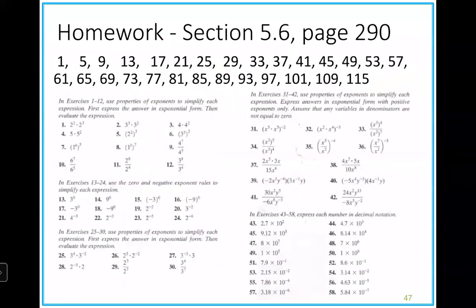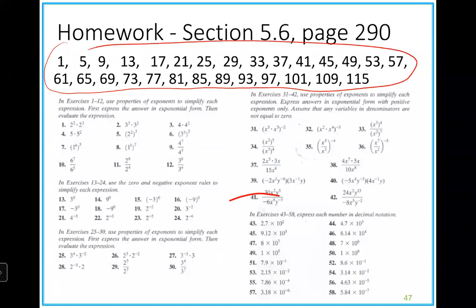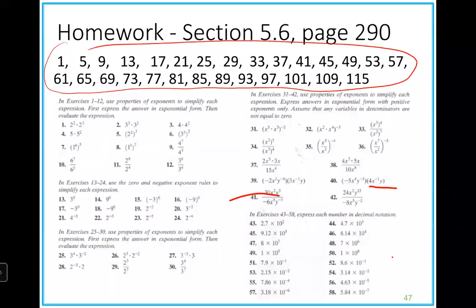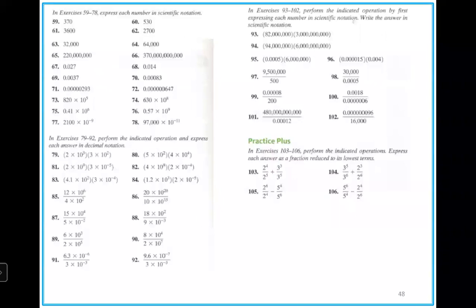And so you have the homework for 5.6, which is the exponents and scientific notation. The question numbers are here that you're to do. And then these are the questions.